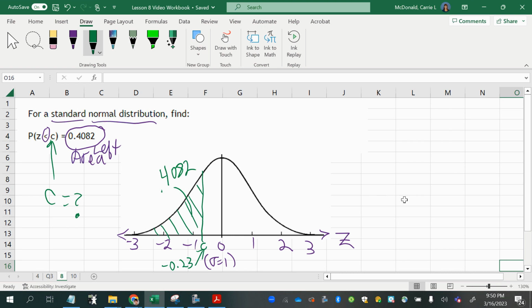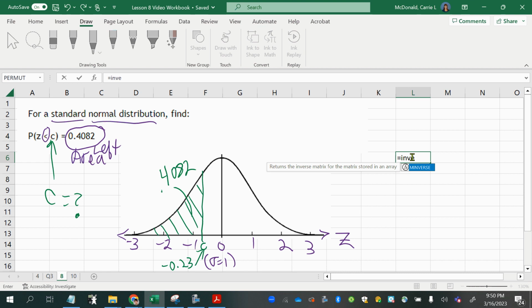Now I'm going to also use technology to verify that this answer is good. I'm going to use inverse norm. Norm.inverse. Most calculators with the normal function in it will have some sort of normal inverse function where you can enter a probability.